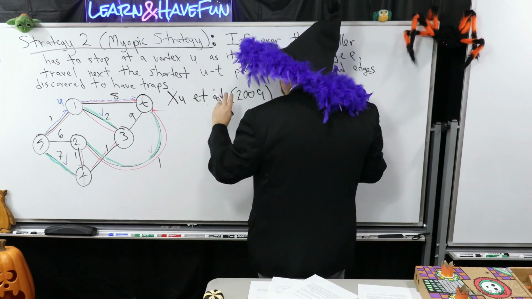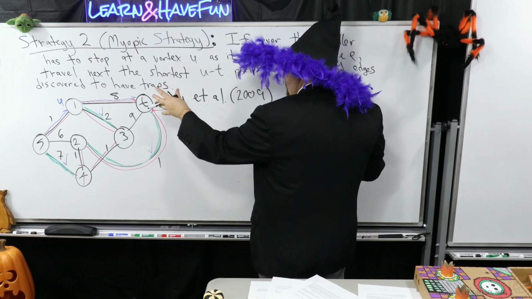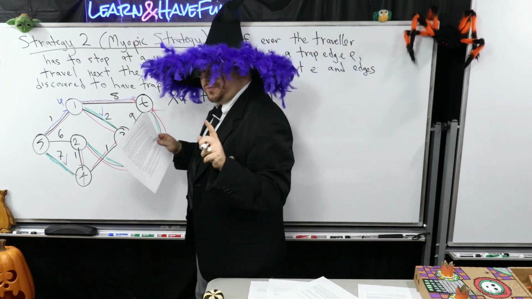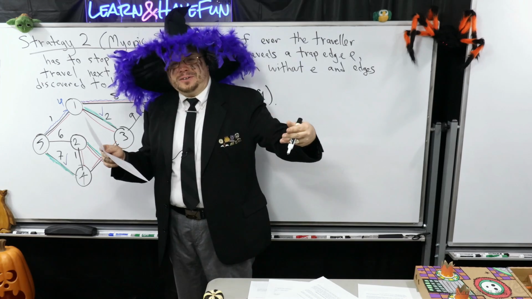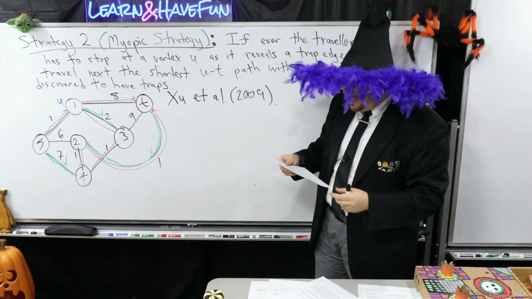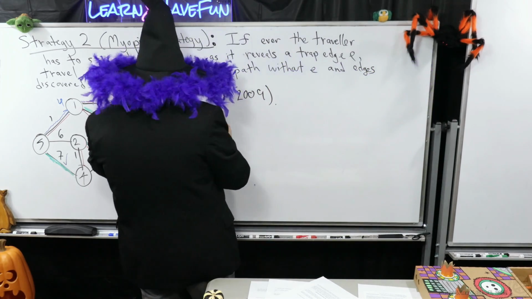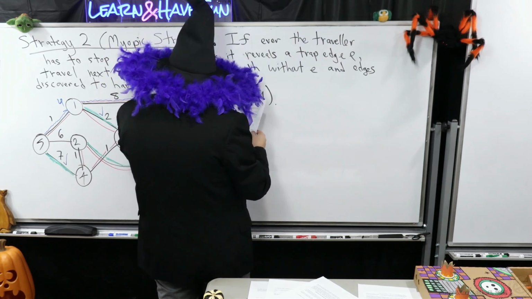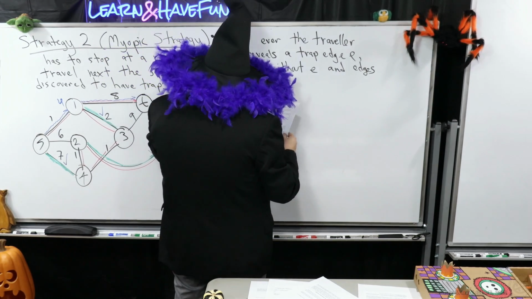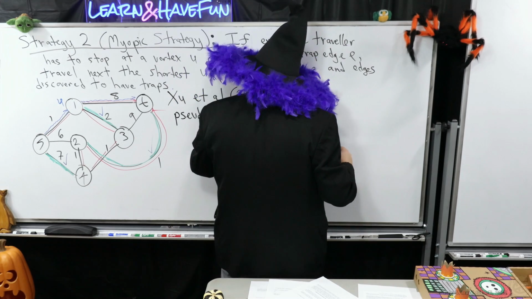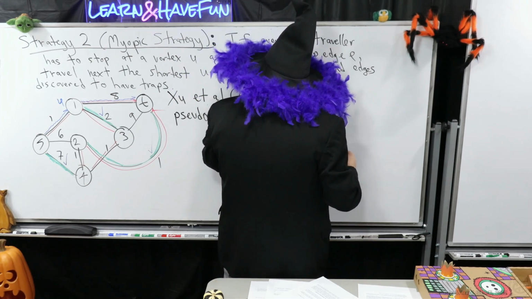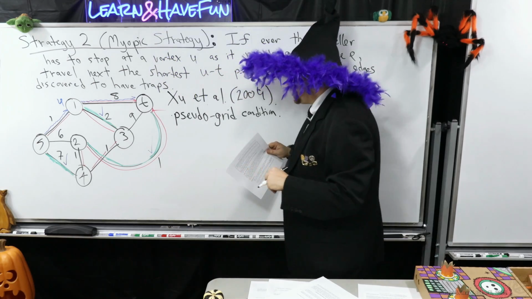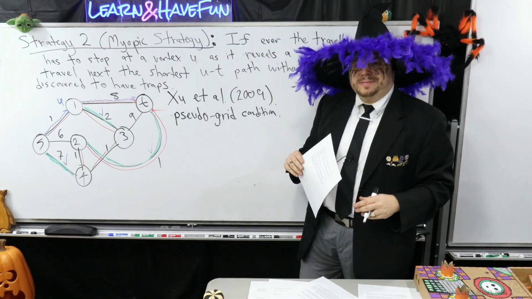So these researchers actually showed that if your graph exhibits a property that they observe with what they call urban traffic, the authors of that called it, I believe, the pseudo grid condition, which a lot of urban traffic environments actually exhibit.